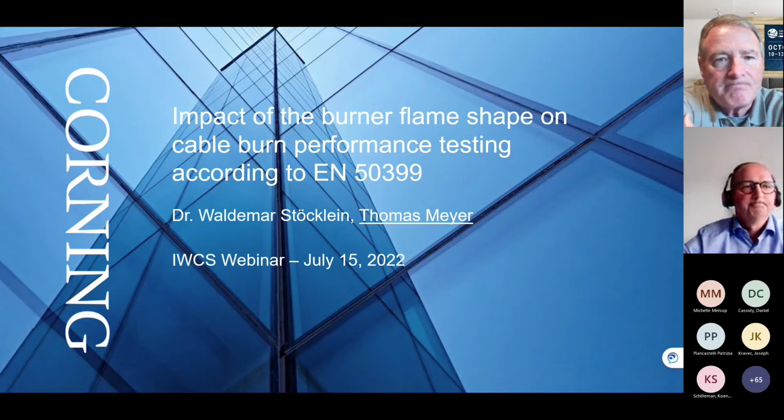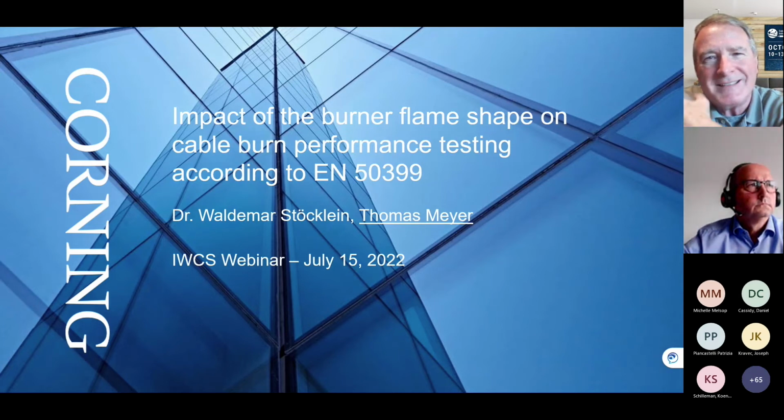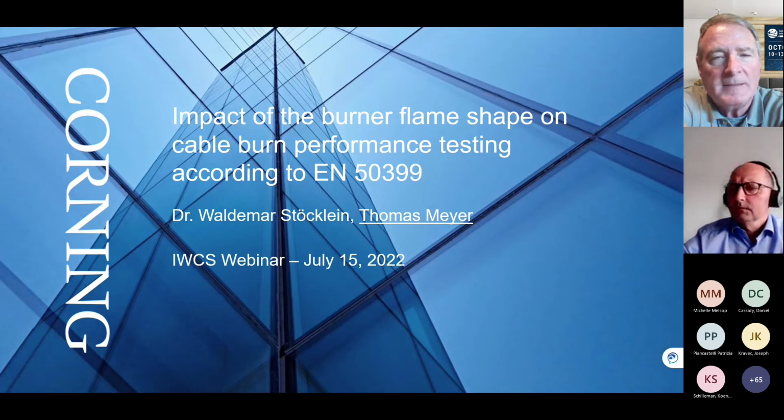So Thomas, a question I have is, obviously there are a number of different horizontal and vertical flame tests for cables. Can you make a general assumption that the same concepts for flame shape and the intensity of the flame will also affect results or the consistency of the test in other types of methods other than 50399?